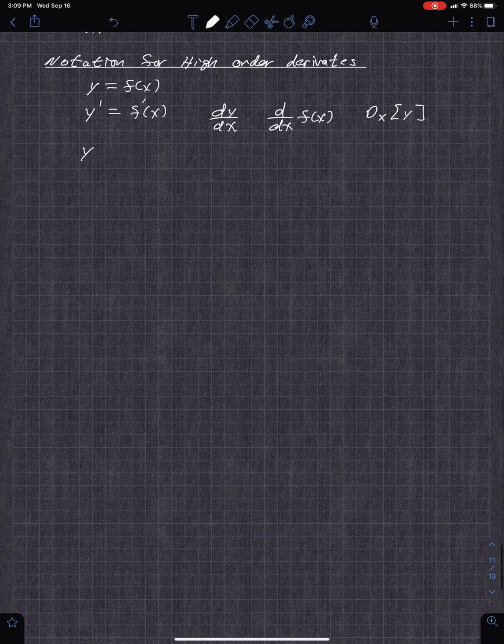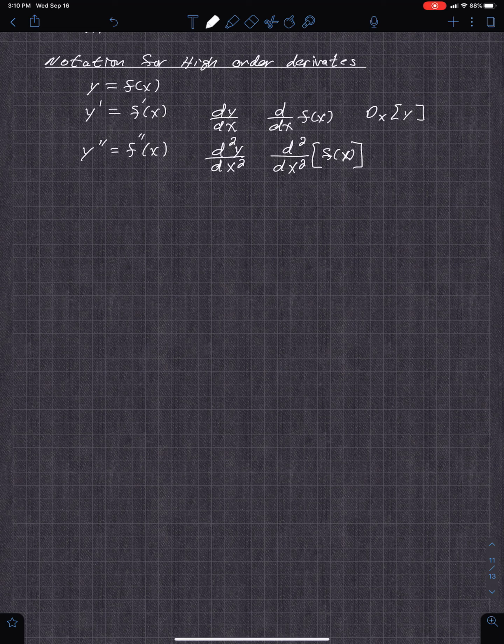So if I say y double prime, it's f double prime of x. And this notation gets a little weird, but you say d2y over dx squared. You could also write it as d squared over dx squared of, say, f of x. Another notation.